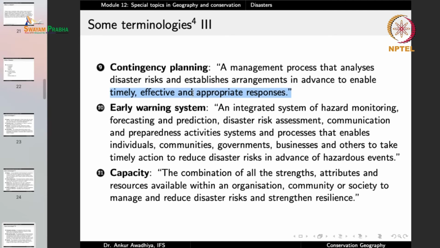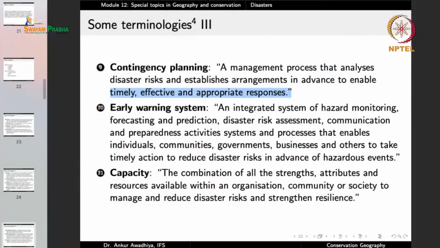And appropriate, they should take into account the physical factors, the climate, the people, the socio-economic conditions of people, and they should be appropriate for those situations. So you cannot have a response that caters to only one portion of the society. You should have a response that helps everybody.